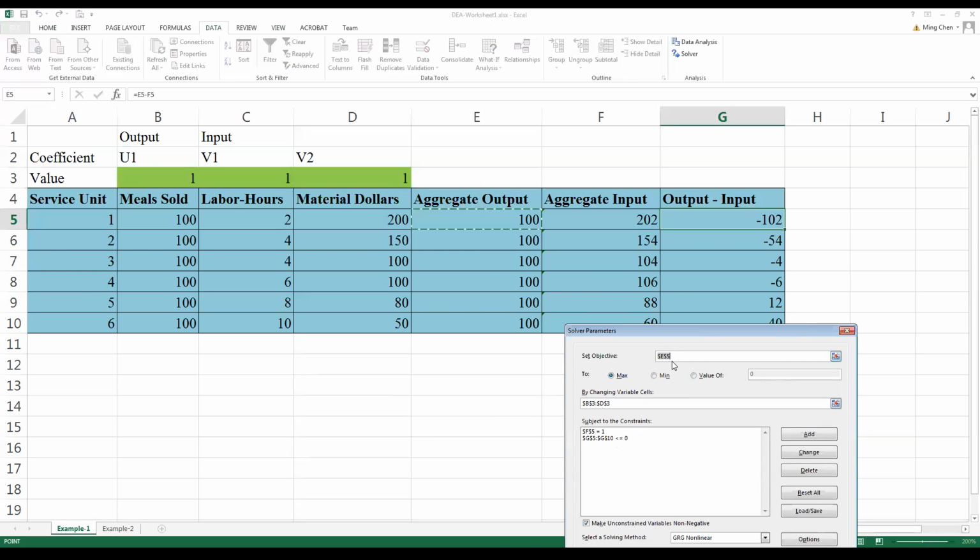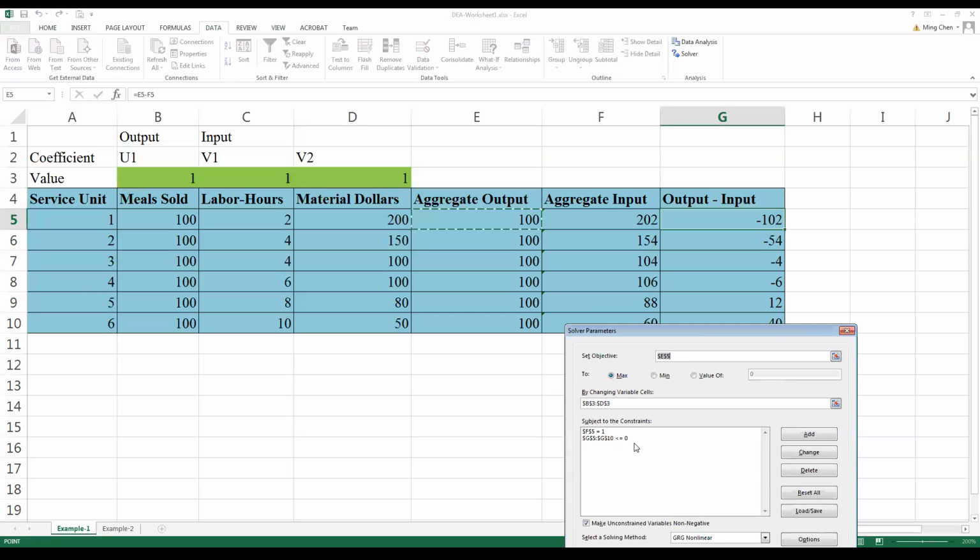The objective depends on which service unit you want to assess. Here, because I want to assess service unit 1, I set the aggregate output for service unit 1, which is E5, as objective. I want to maximize it.